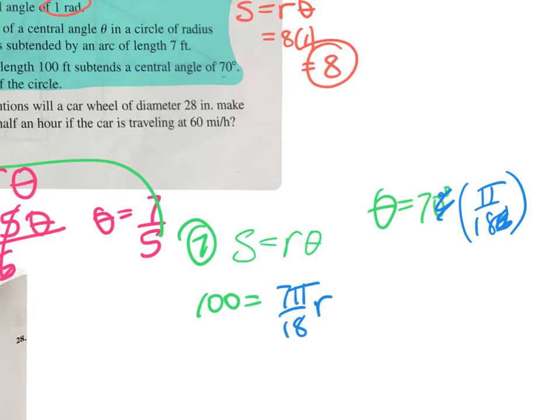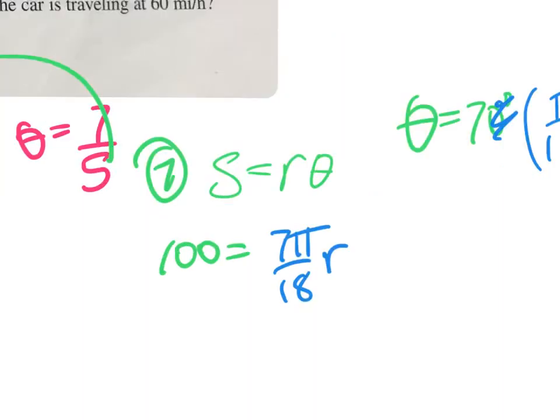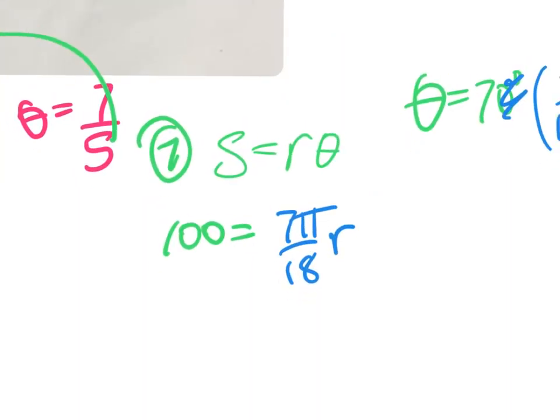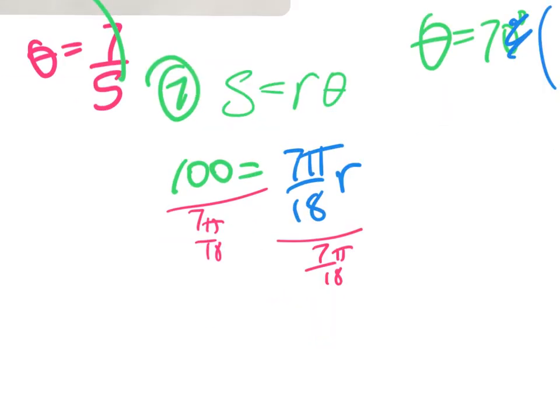Okay. Well, how do I get r all by itself? Okay, I agree to divide and I agree to multiply, but if I'm going to multiply, I have to multiply by the what? By the reciprocal, right? If I divide this by 7 pi over 18 and this by 7 pi over 18, I keep, change, flip, right?